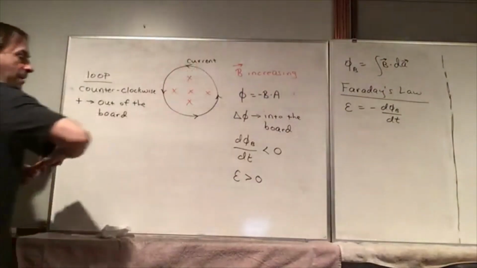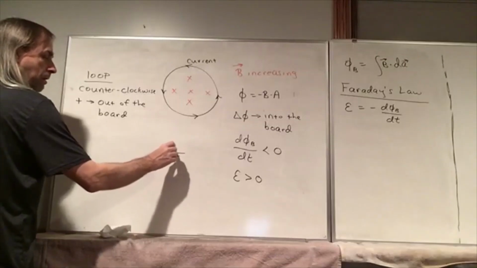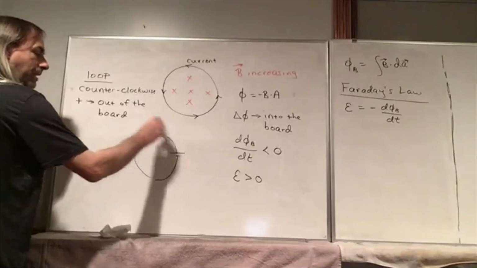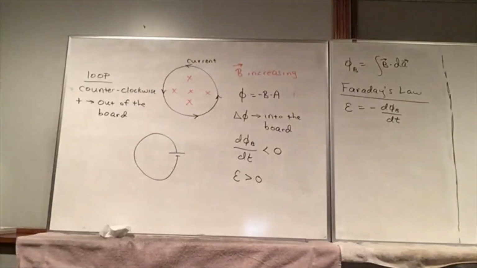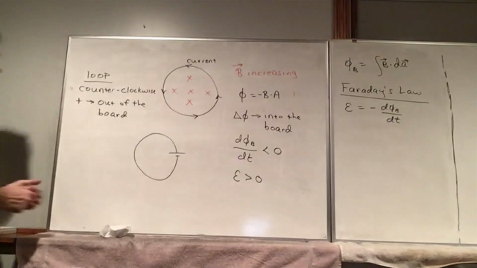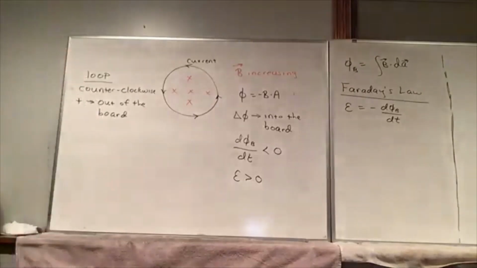It's kind of like a battery. If we have a battery here, that's going to drive a current counterclockwise. But with this positive EMF, positive direction is out of the board. That's the direction that it's going to drive the current.